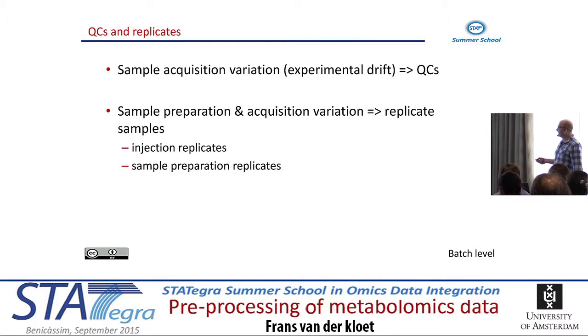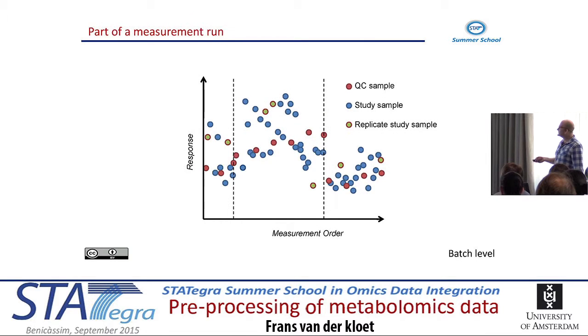We can also do that with replicate injections of samples. If you include replicates in a smart way, then I can also identify some analytical errors and things like that, and correct for it. For example, in this case, I've made a plot of the response for one metabolite, and these are real samples, the blue ones.